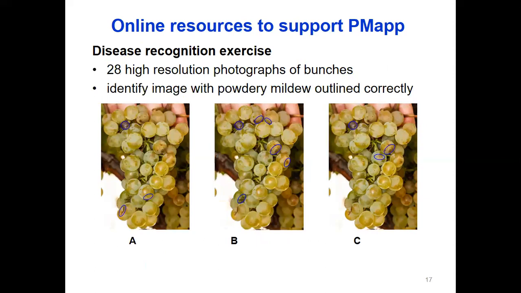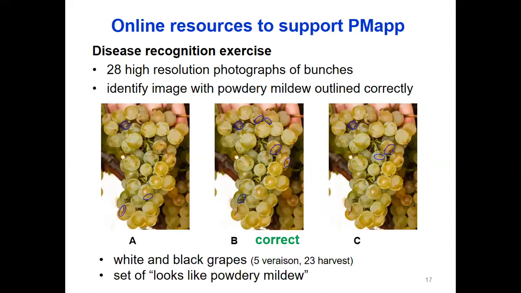It's very difficult to see on a screen like this. It is in fact the middle one that's correct. But in doing this online, the user is able to hover over the image, zoom in, and greatly enlarge what they see on the screen, which makes it much easier to pick up those symptoms.